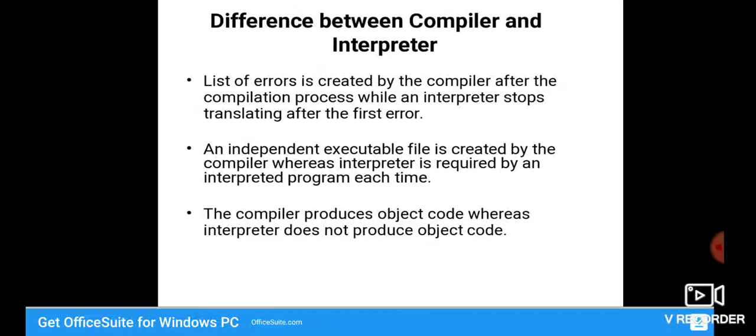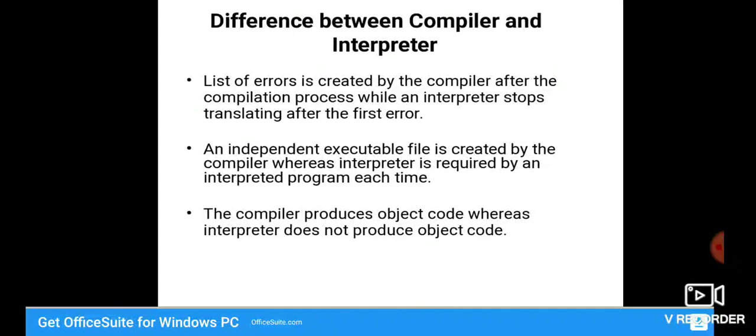Some more differences are given. A list of errors is created by the compiler after the compilation process, while an interpreter stops translating after the first error. So this is what we have been saying since the beginning, that the compiler compiles the whole program and gives the errors list, whereas the interpreter stops translating after the first error.